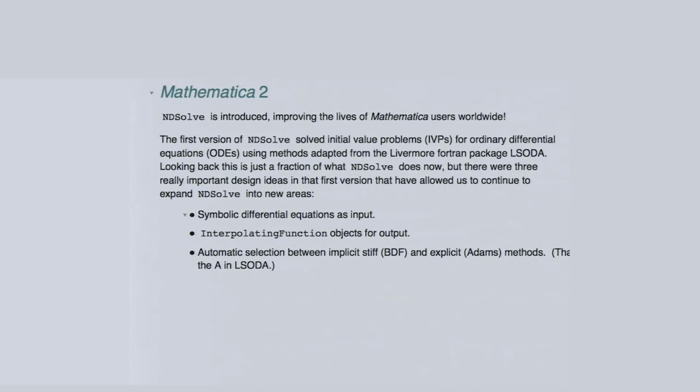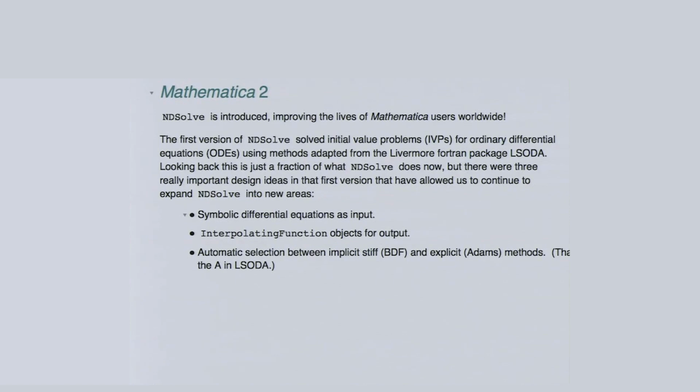Having that automatic algorithm selection built in meant that people could just give it their symbolic problem and not have to worry about whether it was stiff. They didn't have to decide whether to call ode45 or ode15s. They just called NDSolve, and if it could do it, it worked. It would switch automatically. And we've carried that concept of automatically selecting the most appropriate algorithms for the problem through a lot of what we put in this latest version.